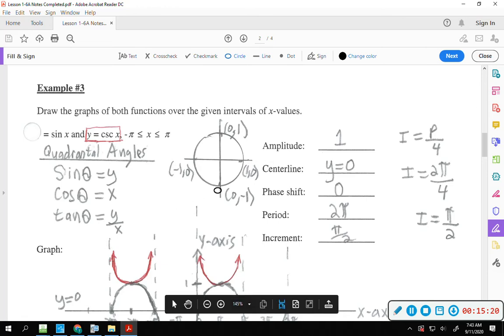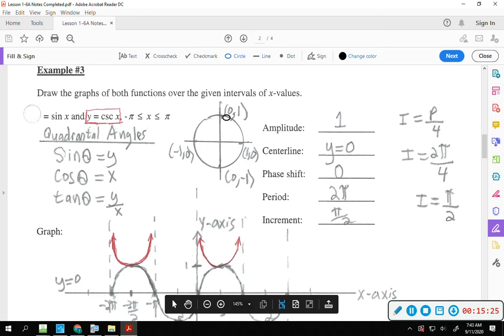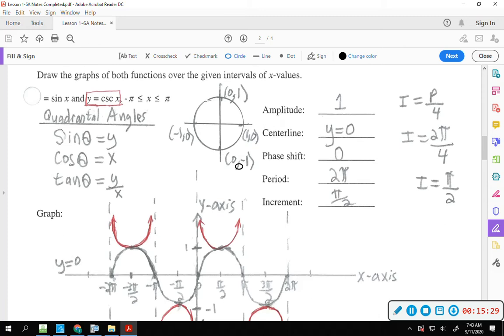Okay, so let's just plot some points here. I'm going to start at 0, pi over 2, pi, 3 pi over 2, 2 pi. Using this right here, I'm graphing the sine first. The sine at 0 is the y-coordinate at 0, which is 0. I plot that point right there. The sine at pi over 2 is the y-coordinate, which is 1.